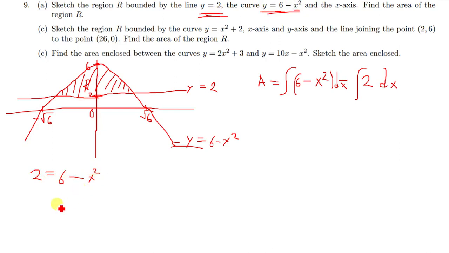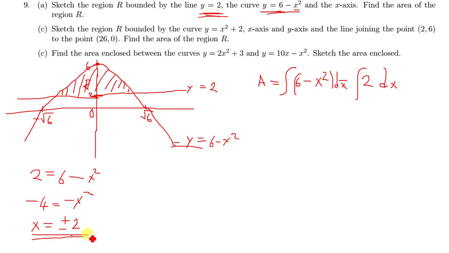To find the limits, you take this 6 to the other side, so you get -4 equal to negative x squared, which implies that the value of x will be equal to plus or minus 2.